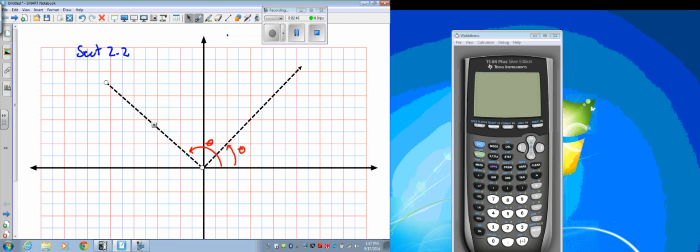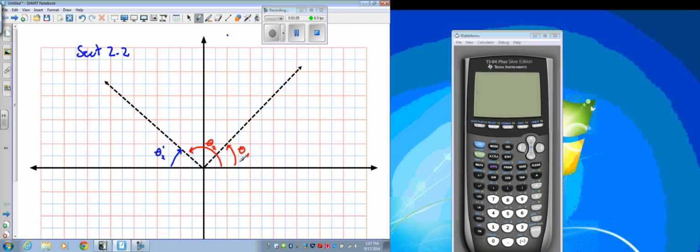So it'll be the reference angle for this one. I'll call this theta 2 prime. So we know what this is, theta 2, and then this would be theta 1.